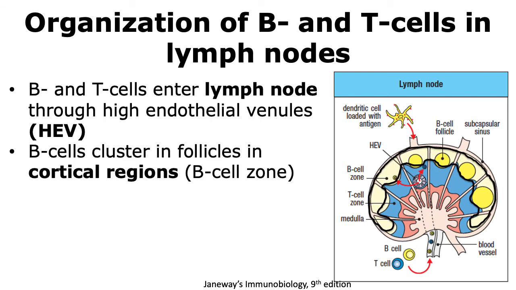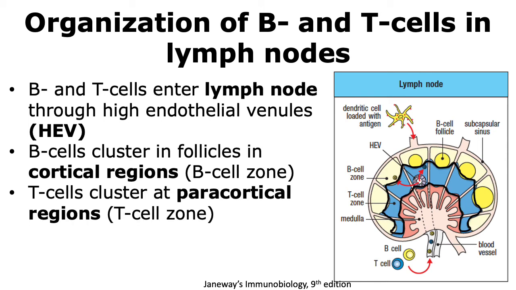Now, once they are in the lymph node, the B cells cluster in these follicles in the cortical region, which is what is shown in black in the figure. On the other hand, the T cells cluster in the paracortical regions, which are shown in that black box and in the blue portion of that lymph node.